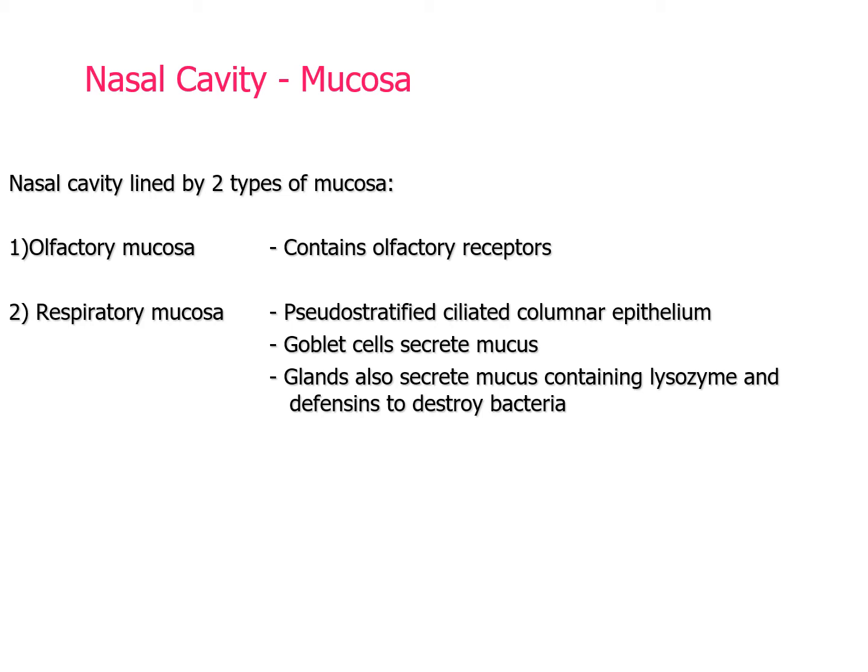The nasal cavity is lined by a mucosa. That means, like every part of your body that's in contact with the external world, it is covered with a layer of epithelial tissue.